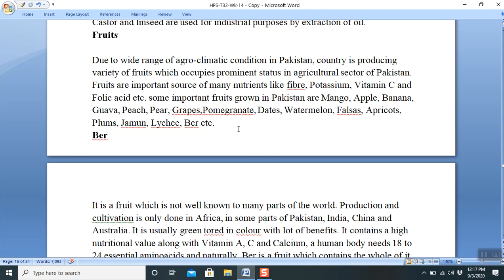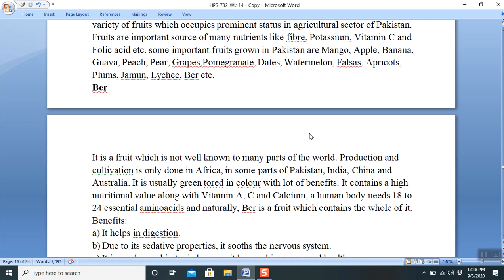The northern areas, Kashmir, KPK, Balochistan, these areas produce the world's best and delicious fruit. Whereas other fruits like watermelons and sarda or garma are produced in the desert areas, and they are a source of huge energy, especially watermelons.